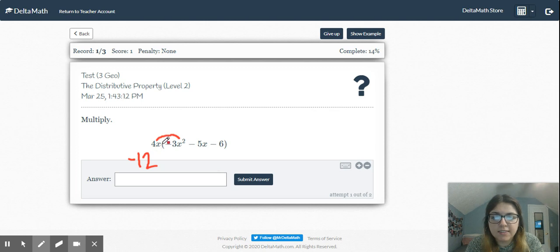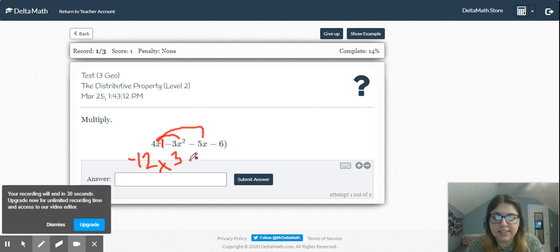And then x times x squared, remember that x has an exponent of 1, and I have to add them when I multiply. So 1 plus 2 is 3, so I get x to the third. Okay, then 4x times negative 5x. 4 times negative 5 is negative 20x squared.